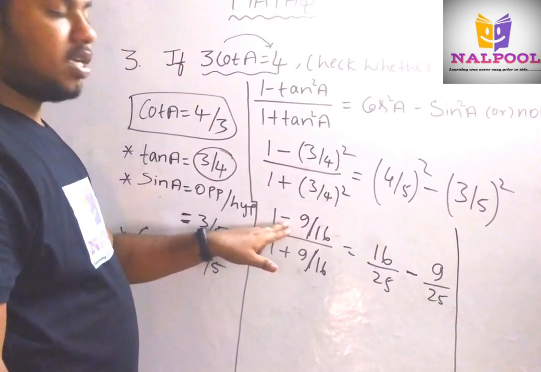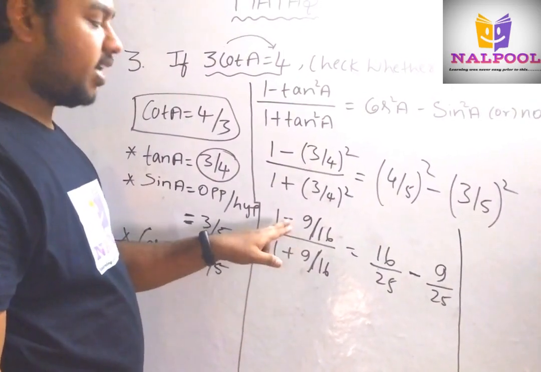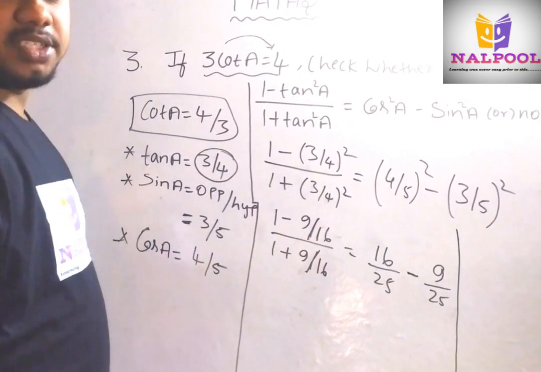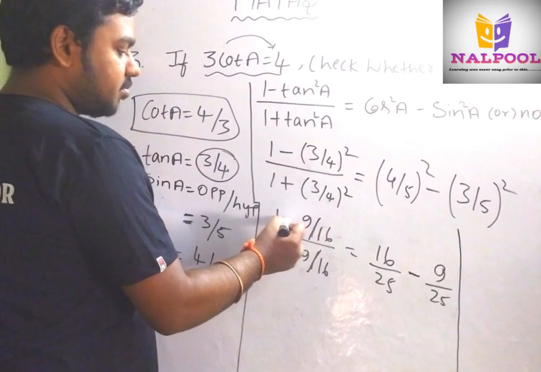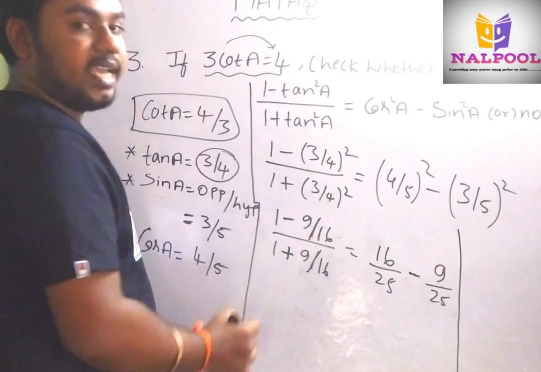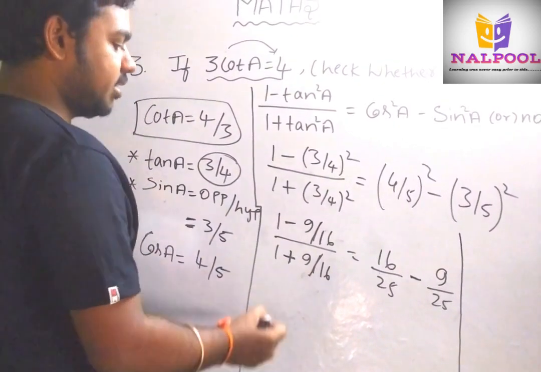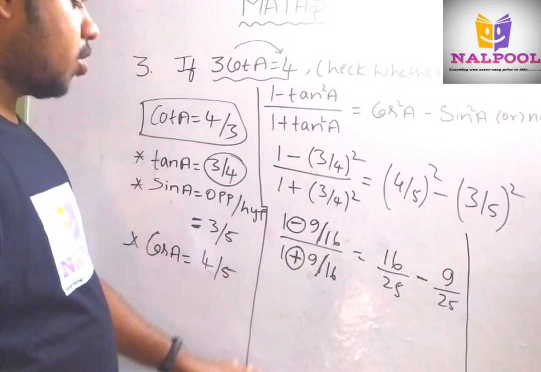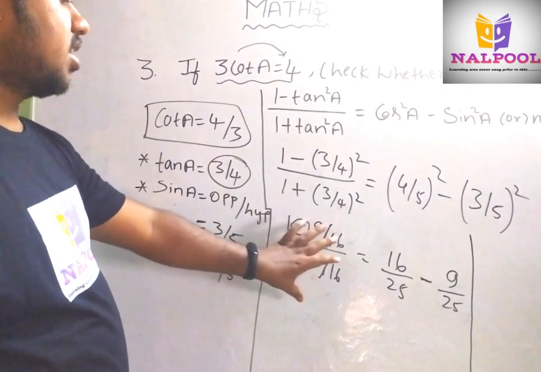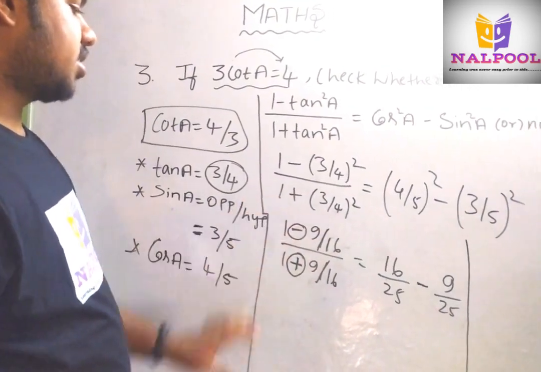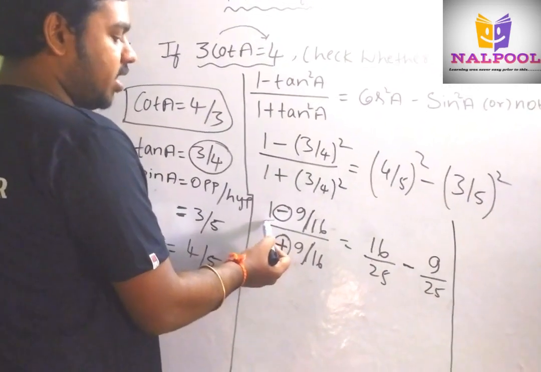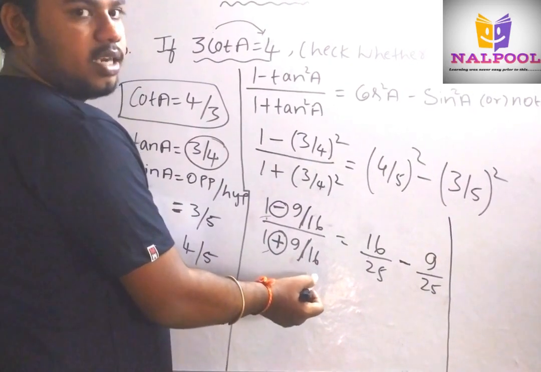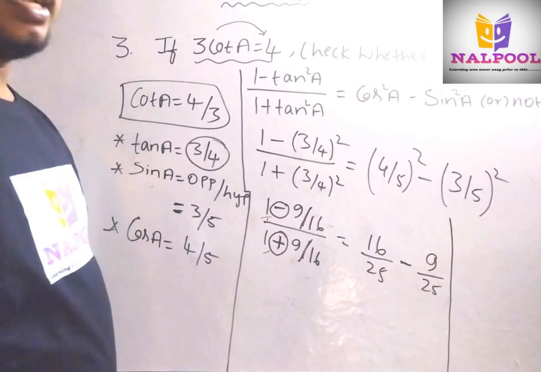If we have plus or minus in between two terms, meaning unlike fractions, then we have to take the LCM. When you have plus or minus, you have to go with LCM. When the fractions are different, meaning the denominators are not the same. Here the denominator is 1, here the denominator is 16. Here also the denominator is 1 and the denominator is 16. Therefore we have to take the LCM.